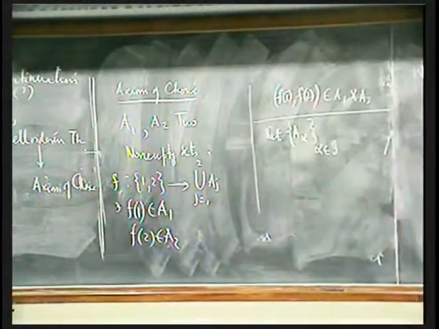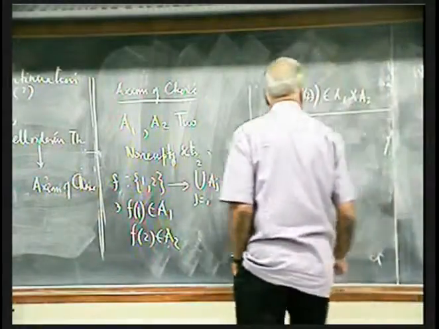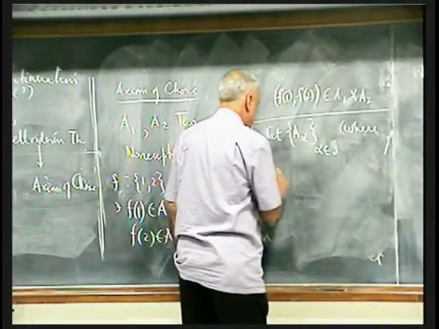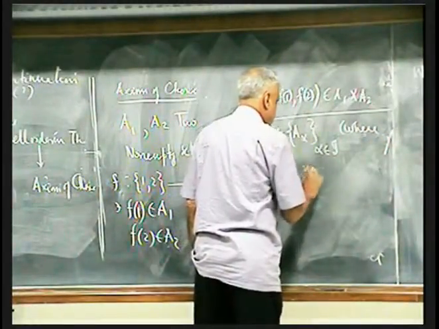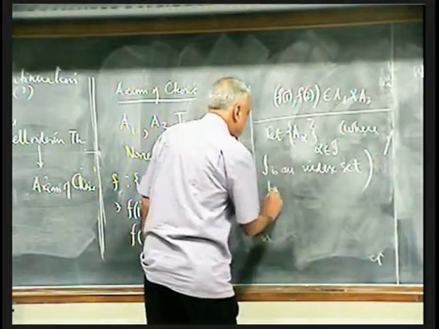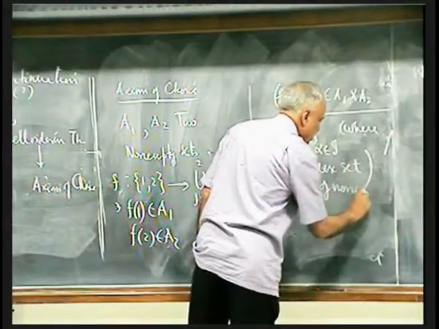So, we may have a finite number of non-empty sets, or a countably infinite number of non-empty sets, or an uncountably infinite number of non-empty sets. So, where I is an index set, whatever size, a collection of non-empty sets.